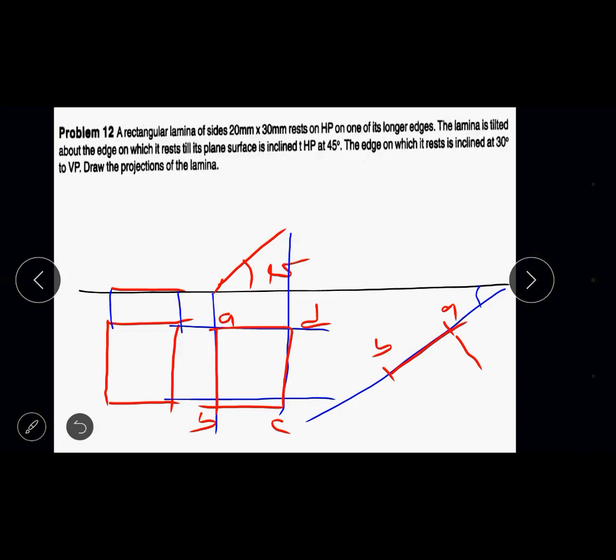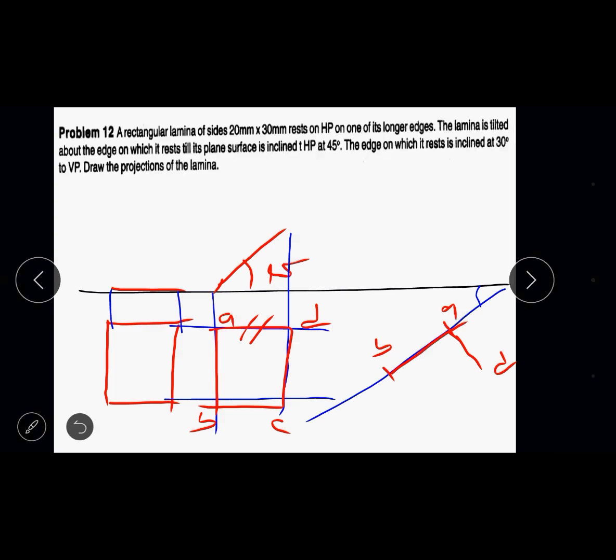Measure the dimension AD of this lamina. Obviously it will not be 20 mm, it will be less than 20. Keep your protractor center point at position A and construct a vertical, 90 degree line with the dimension AD. So this will be your AD.